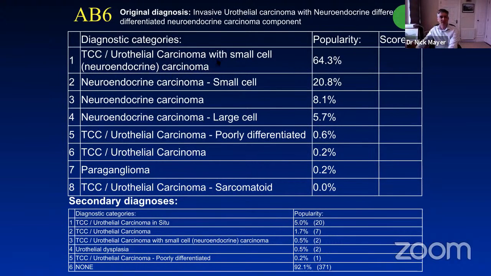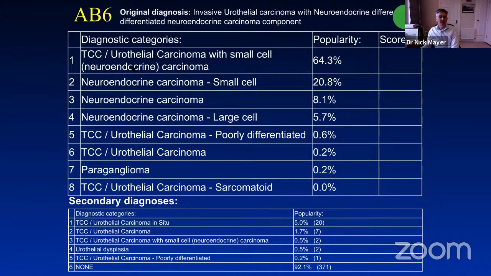I think it's just important to re-emphasize that no matter how little, if there's a bona fide convincing morphological bit of small cell, you should have that somewhere in your bottom line, because that may well influence what the oncologist does in terms of neoadjuvant or adjuvant treatment.